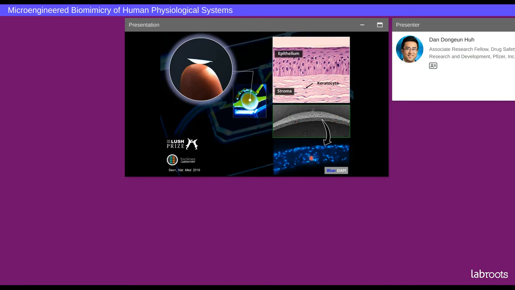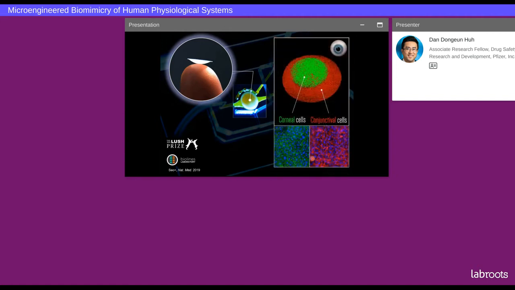This micrograph shows nice deep penetration of the cells into the scaffold. We've also come up with a way to deposit 2 different cell types in a physiologically relevant manner: we can put down primary human corneal cells at the center of the scaffold and surround them with conjunctival cells to form this concentric tissue pattern seen on the surface of the human eye.